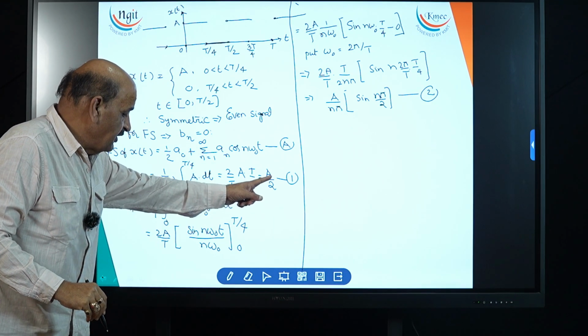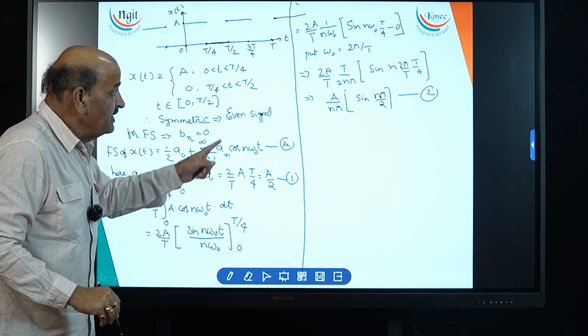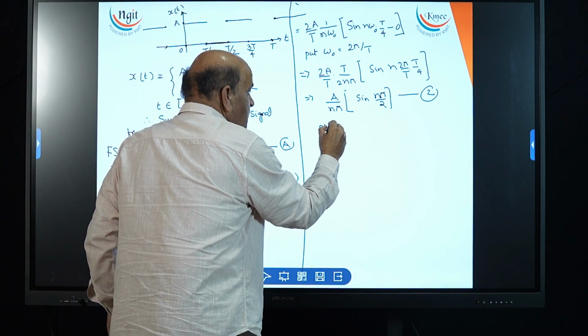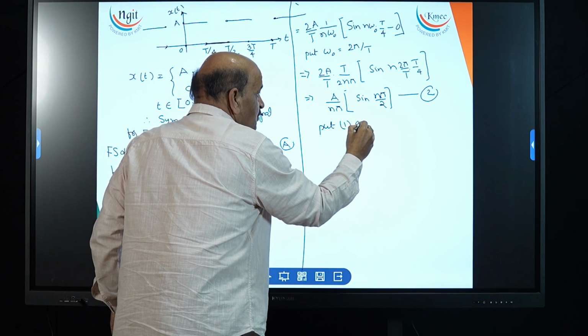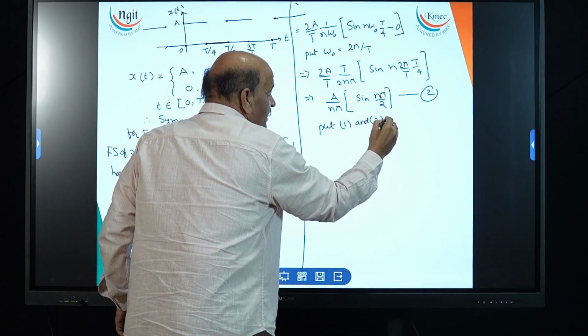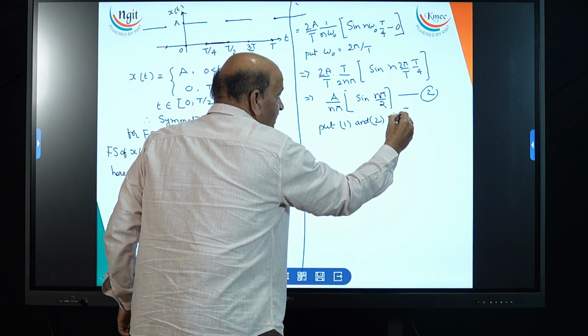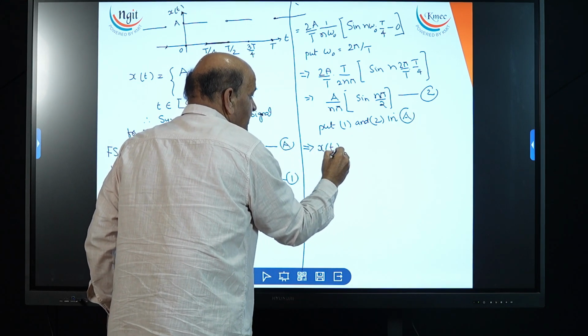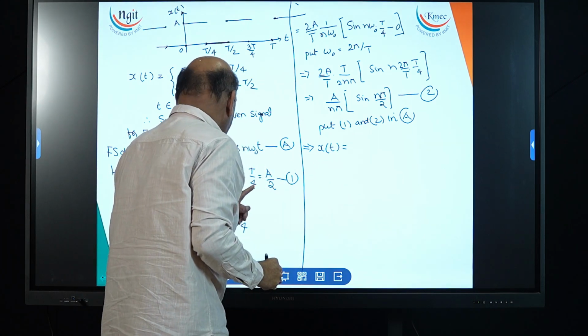Now we got a naught in 1 and an in 2. Now substituting, put 1 and 2 in the main. What is that? This implies the Fourier series of the function x of t equal to half a naught.